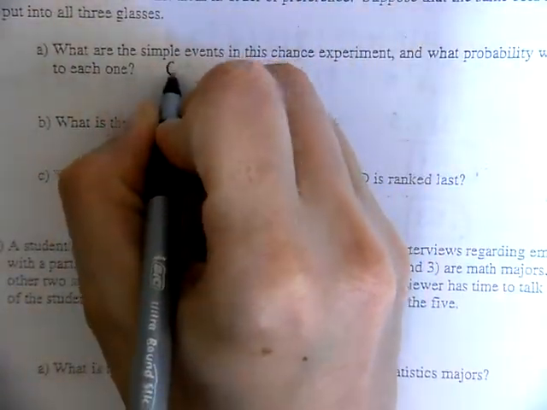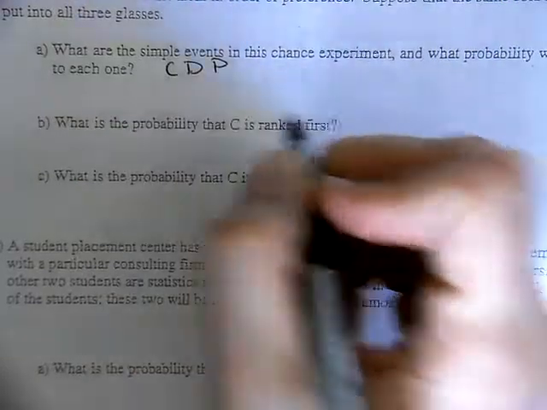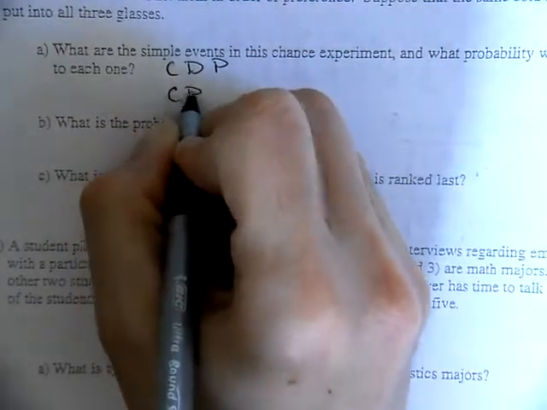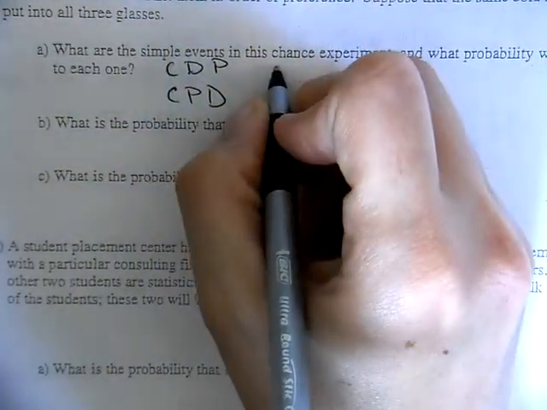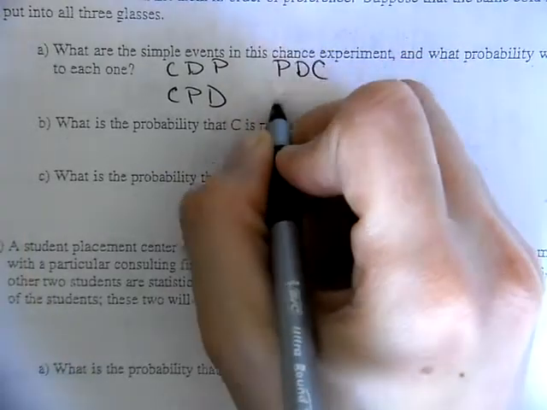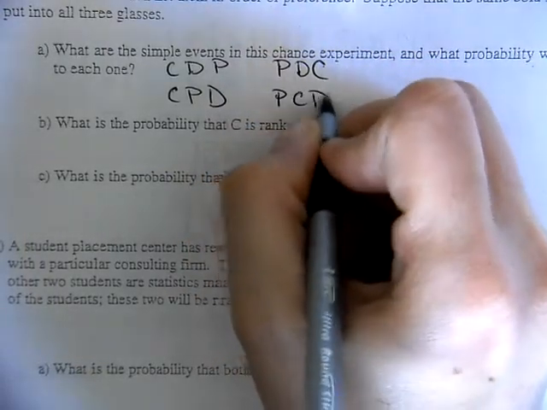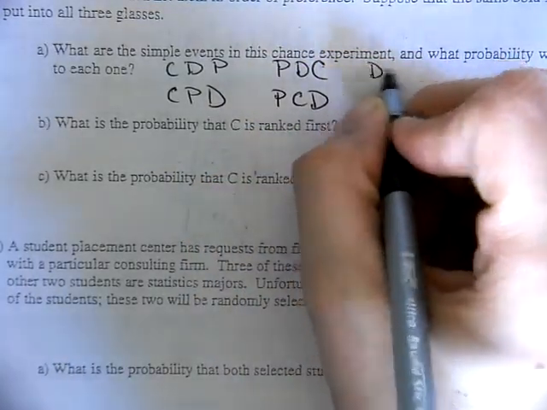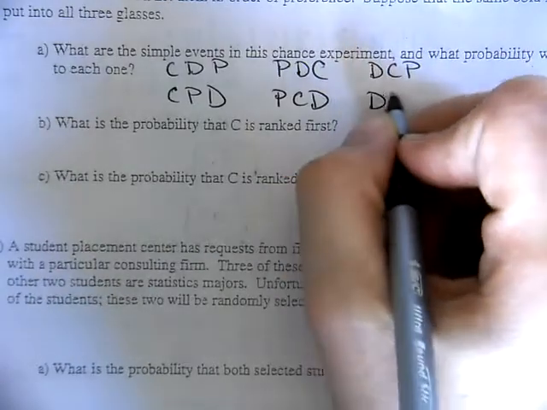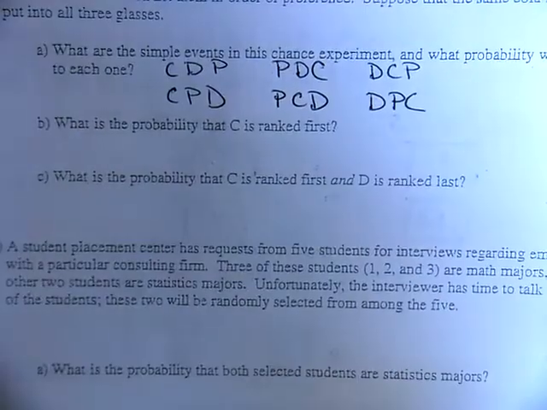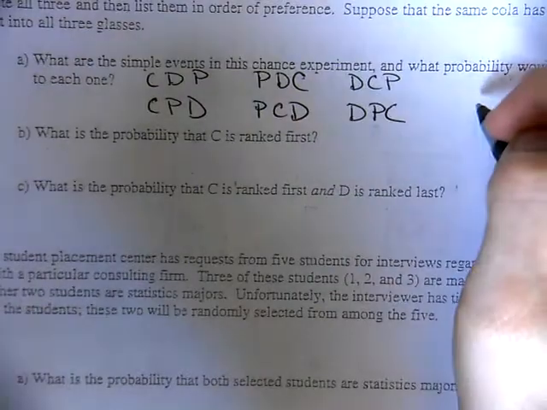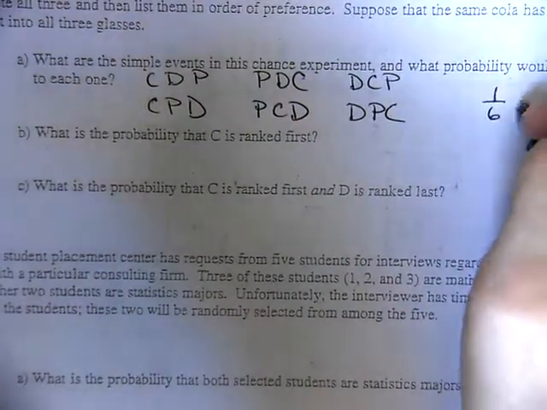So let's list everything. So he can start off with CDP or CPD. He can do P first, or he can do D first. So those are my 6 outcomes. Each one of them has a probability of 1/6 because they're the same.